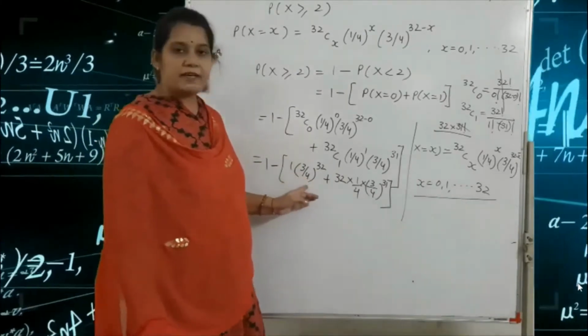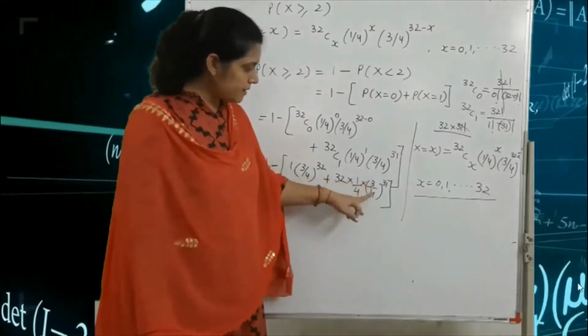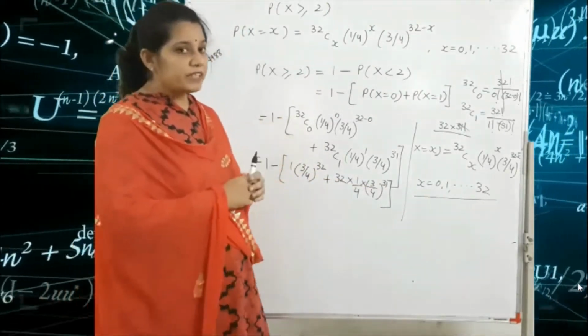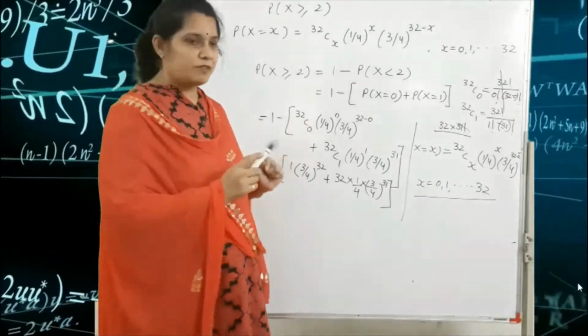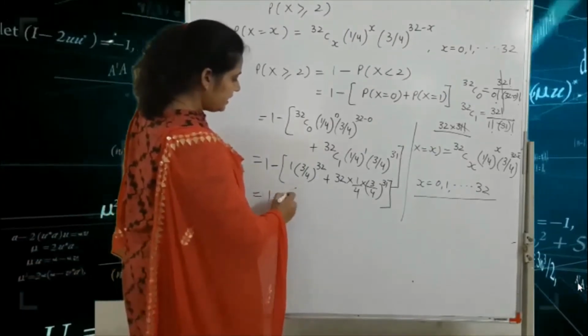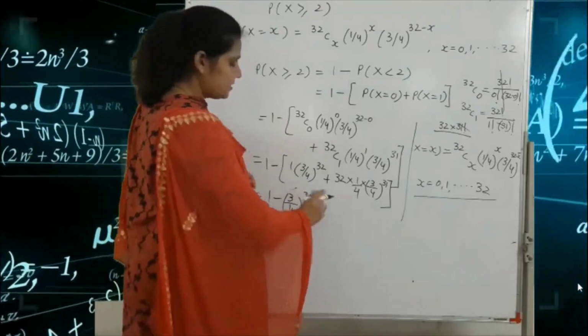Here we have (3/4)^32 and here (3/4)^31, so the common factor is (3/4)^31. We write 1 minus (3/4)^31 times the remaining term.